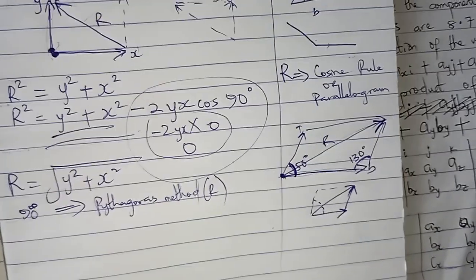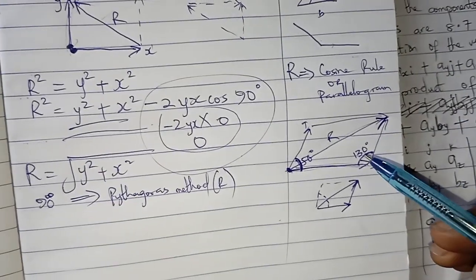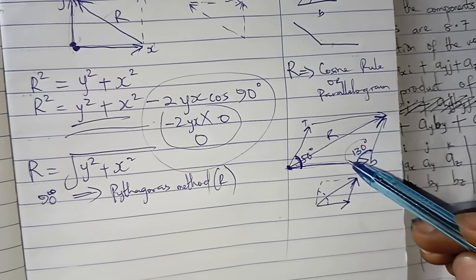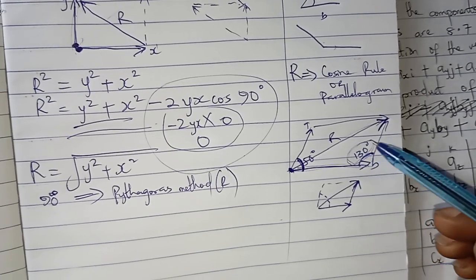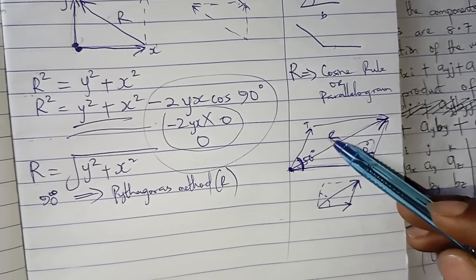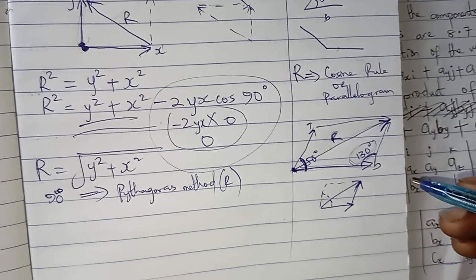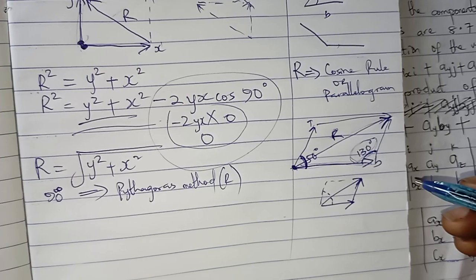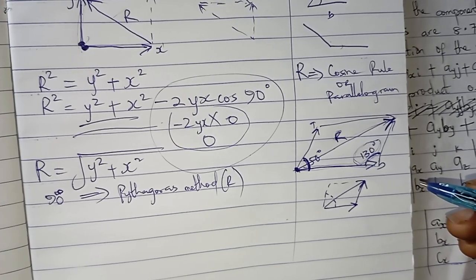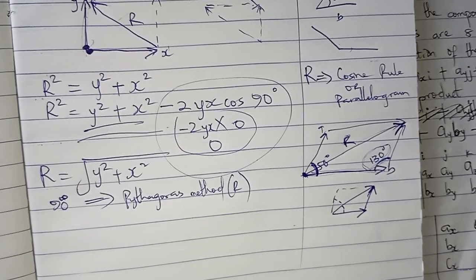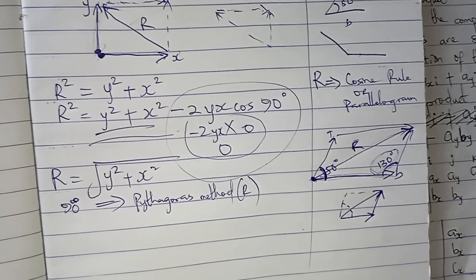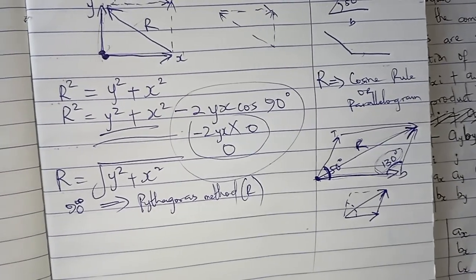If I'm to use cosine rule, I must make sure that the angle I'm using as my theta is the angle that is facing R. If you don't do it, you will fail it, because the answer you get for every cosine rule must be equal to what you get for the direction using the resolution method.